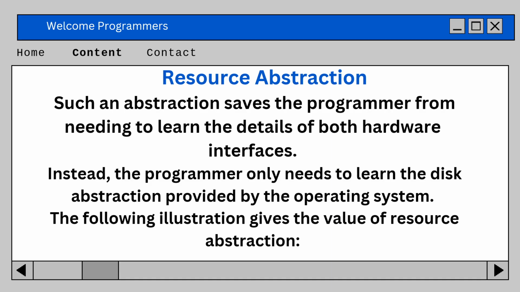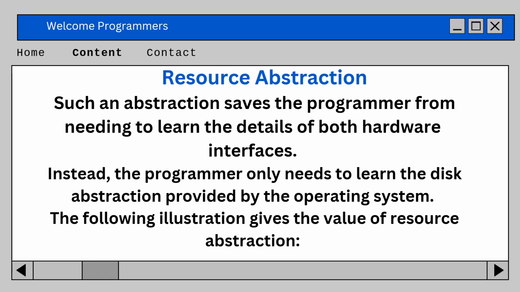Such an abstraction saves the programmer from needing to learn the details of both hardware interfaces. Instead, the programmer only needs to learn the hard disk abstraction provided by the operating system. In short, resource abstraction makes using hardware easier for programmers by hiding the complex details.